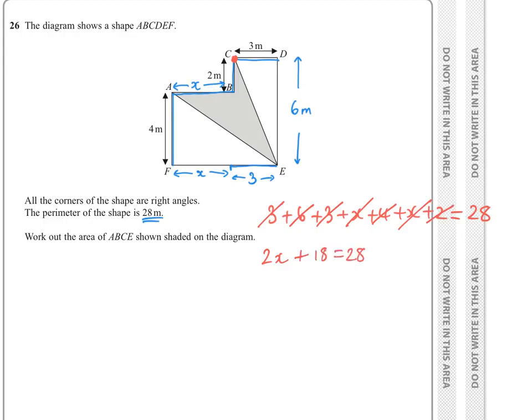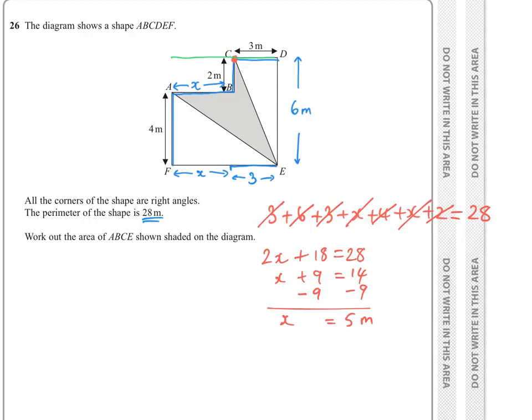We can halve everything. And just by looking you can see x is going to be 5 here, but you can take 9 from both sides and you'll get x equals 5 meters. So now it's going to be nice, because what I would do is I would now find the area of the whole shape by doing this.